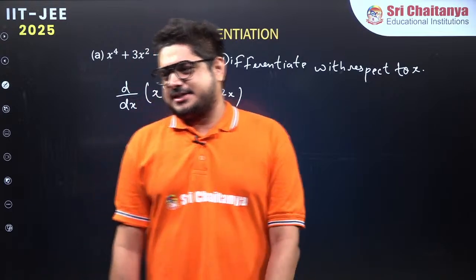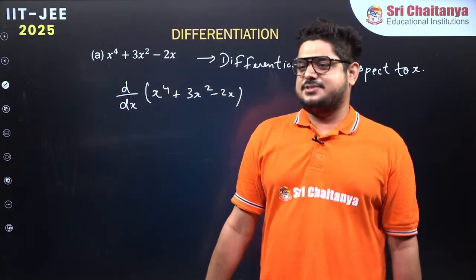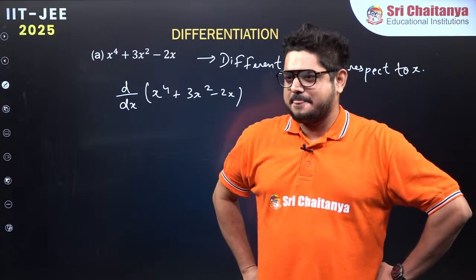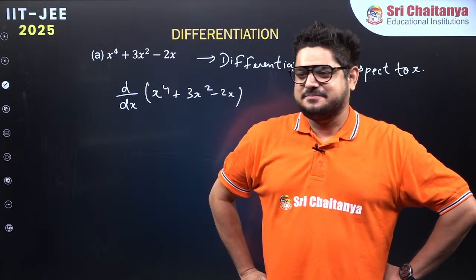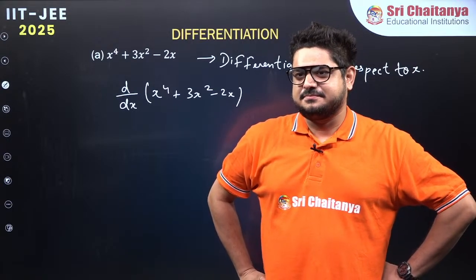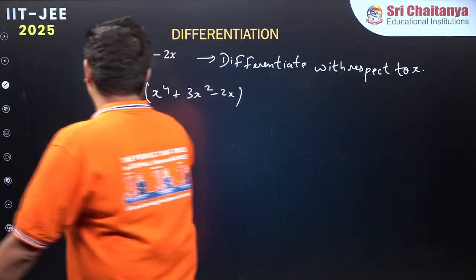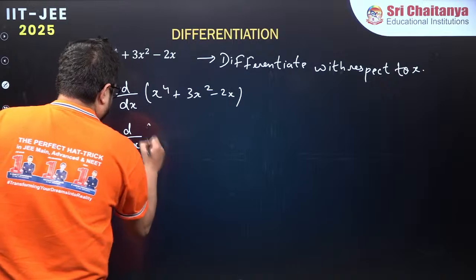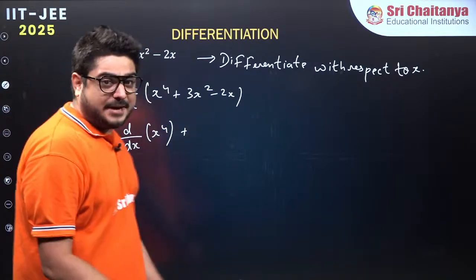Okay, correct Krishna. You are also correct, Gamer. Yes, Riya, it's right. Okay. Everyone, solve this question. Okay, I will do it. So as a result, you can say that d by dx of x to the power 4 plus, you can use this as an operator, isn't it?